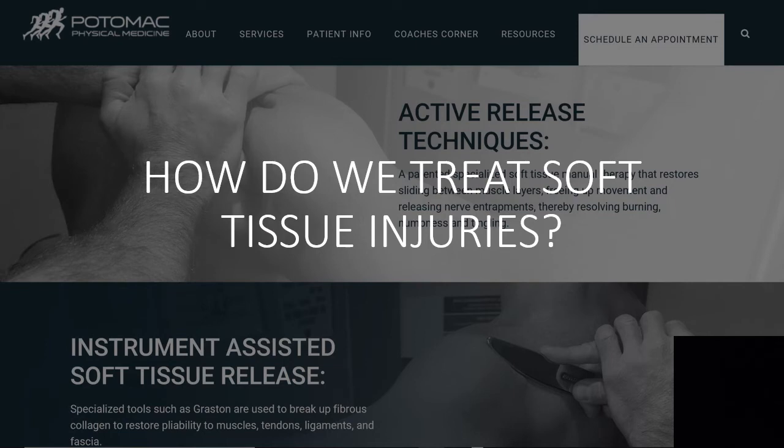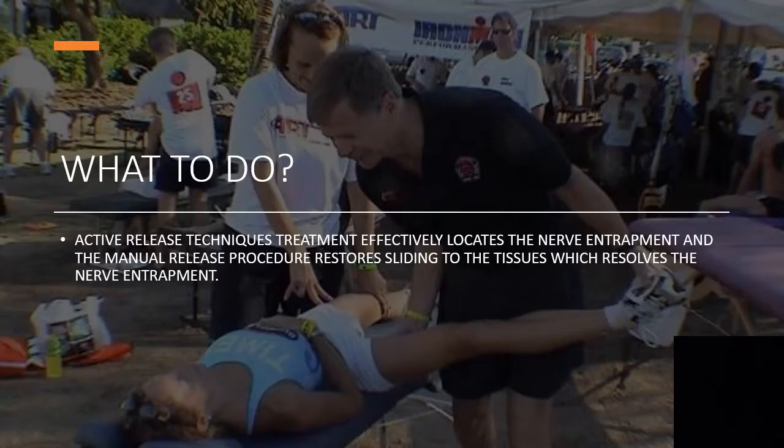So how do we treat these soft tissue injuries? Well, as I mentioned, one of the most effective is a form of treatment called active release techniques, which is effective for assessing the slidability of the tissue. It also is very effective at identifying areas of peripheral nerve entrapment, whereby the practitioner can place his hands in the tissues and assess for increased tissue tone, decreased sliding of the tissues.